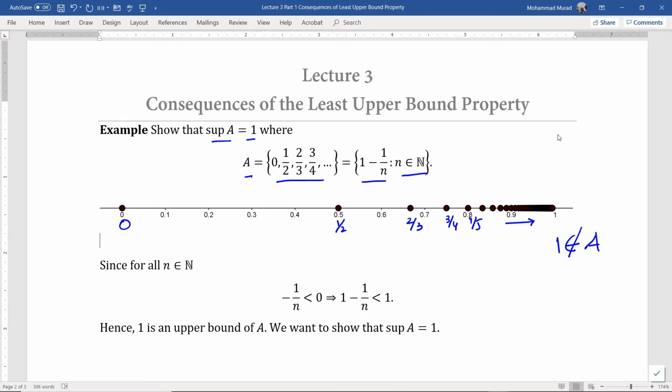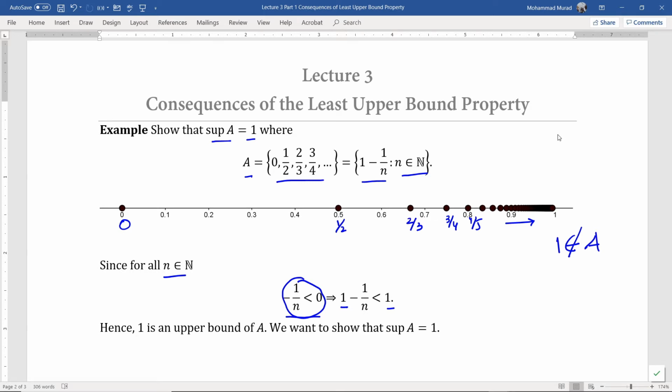Since for all n, we have negative 1 over n is strictly smaller than 0, we can add 1 to both sides of this inequality. This gives 1 minus 1 over n on the left-hand side and 1 on the right-hand side.